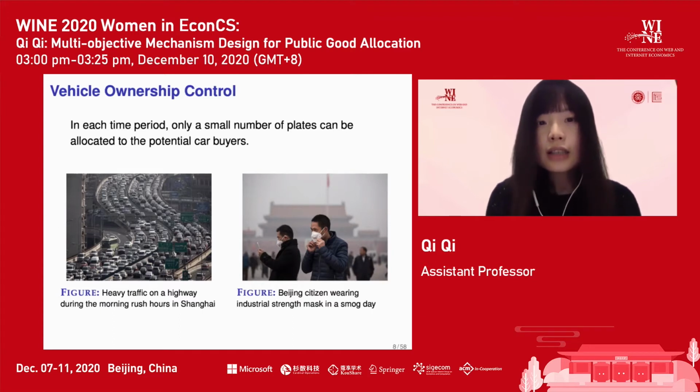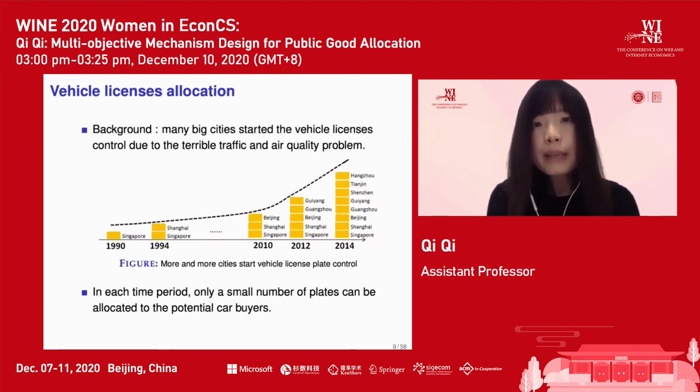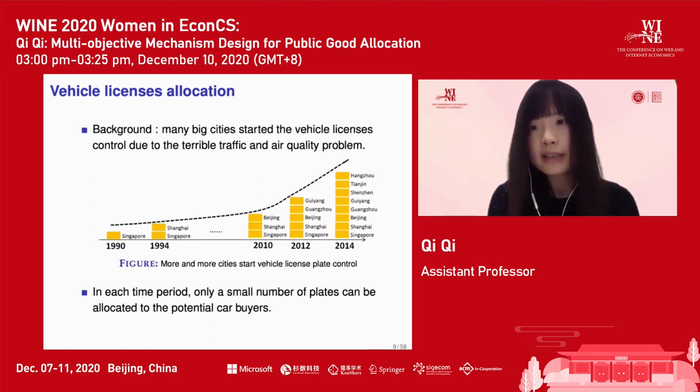Because of heavy traffic and bad air, the environmental problem, many big cities have started vehicle license control. In each time period, we only allocate a small number of plates to potential car buyers. A car buyer must first get the plate, then he can purchase the car and drive on the road.